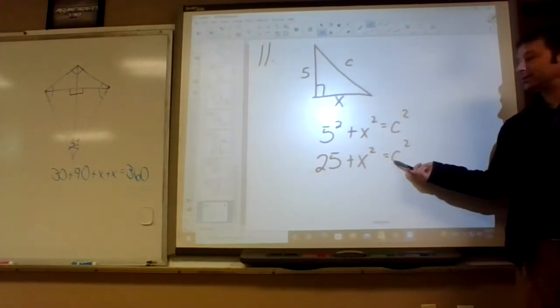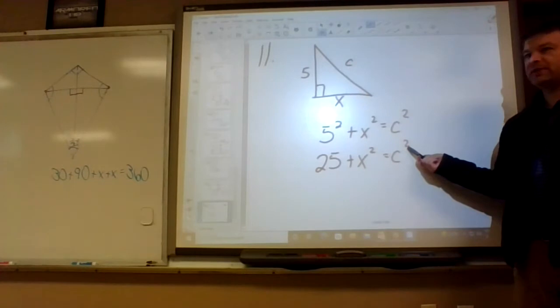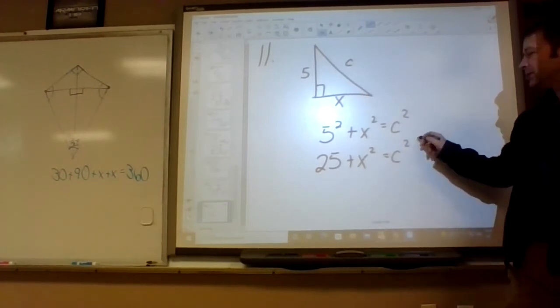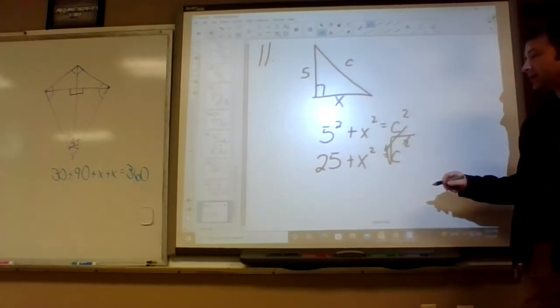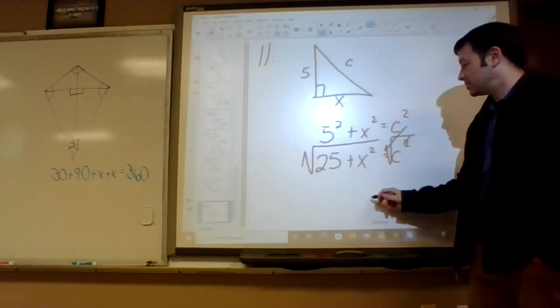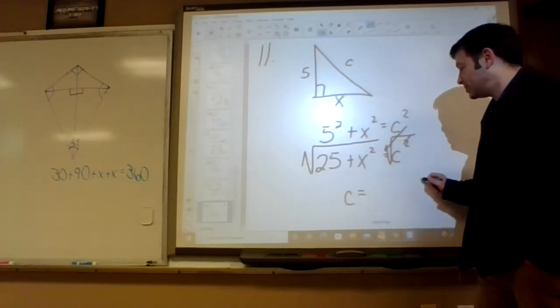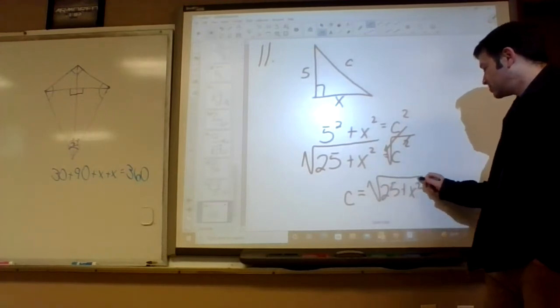How do I get it to just say c equals? How do you get rid of the square? Square root it. So when you square root the right side, that just cancels out. But then you square root the left side to keep it equal. So that's basically the answer. C equals square root of 25 plus x squared.